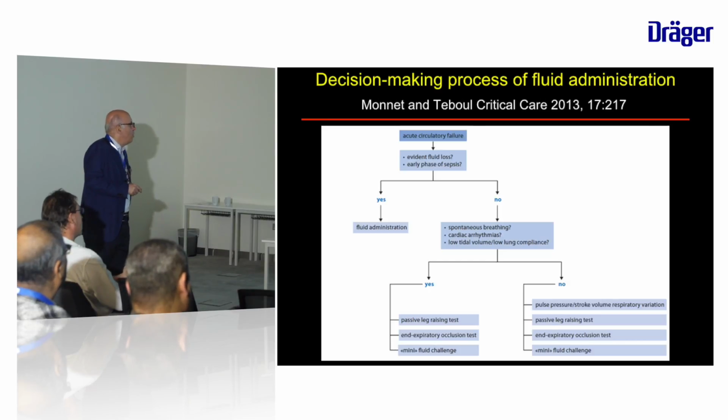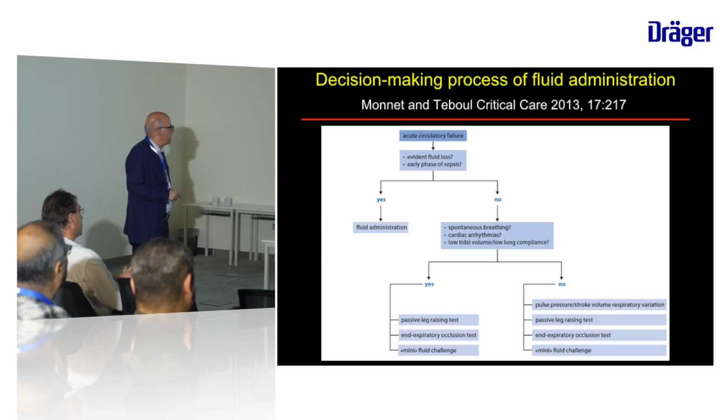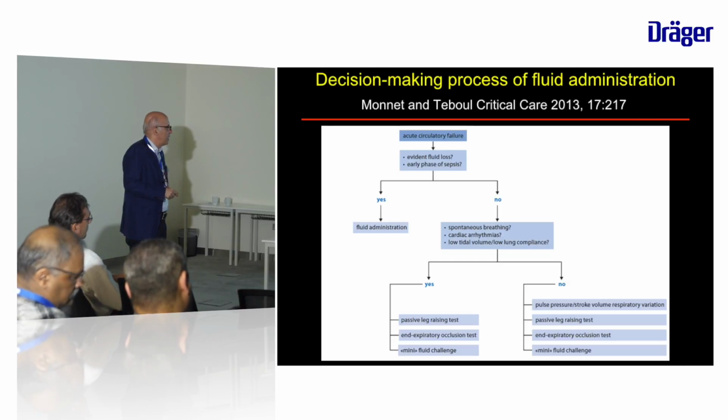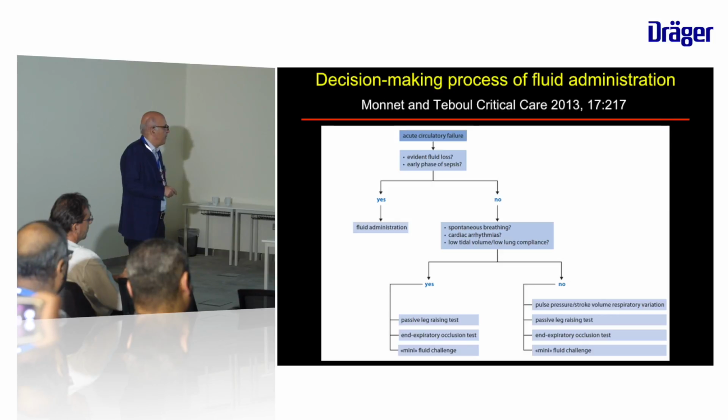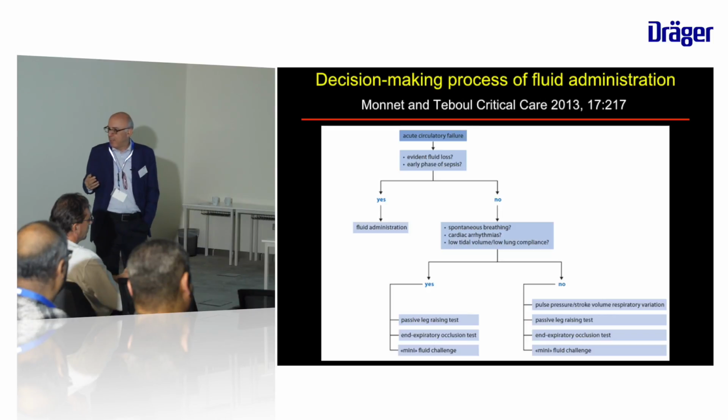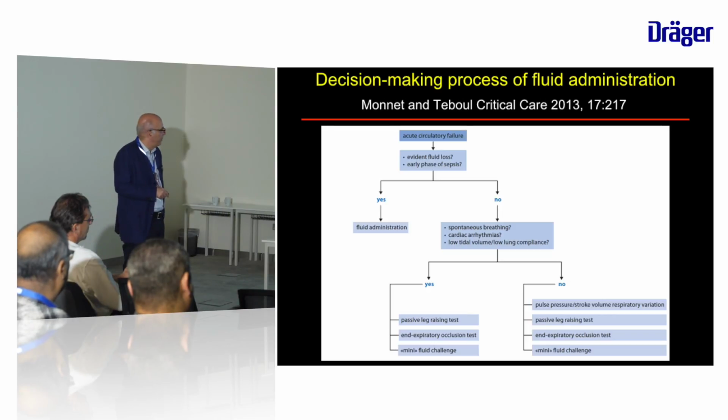If it is no, we can use different tests, but we have seen that pulse pressure or stroke volume variation may be very helpful. Of course, there are other techniques, but this, I think, may be extremely helpful in these patients. Don't consider the mini fluid challenge that was proposed with colloids, which we no longer have to do.